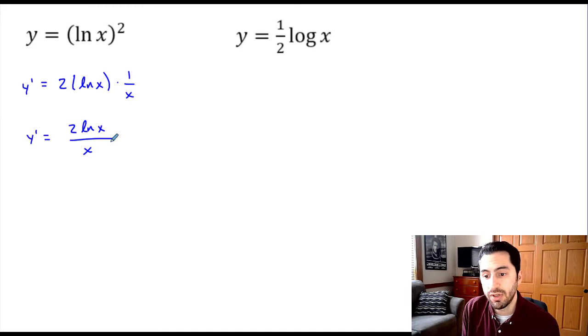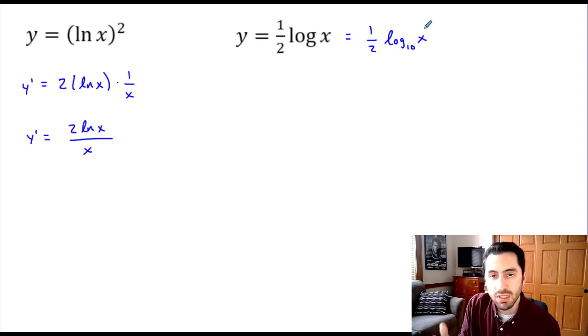And there's our derivative. Okay, the second example, I have y is equal to 1/2 times the log of x. The main thing that we need to note here is that this is written as common log. So when the base isn't indicated, that means we're looking at common log, which means that this is base 10. This is what the button on your calculator does.